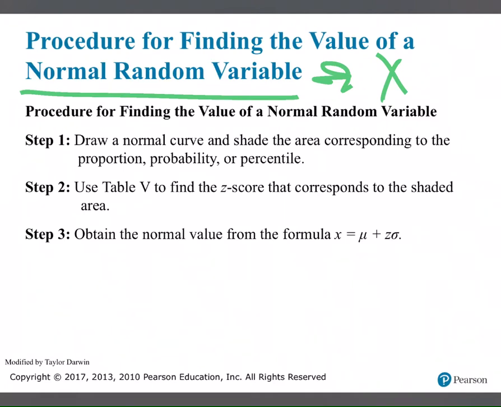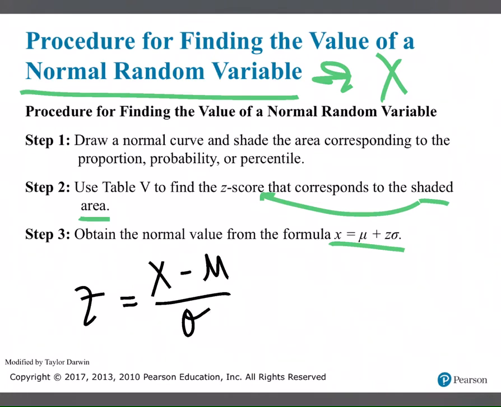We're going to be given an area, and we want to find the z-score that goes with it. So we're normally used to finding a z-score and the area that goes with it, but now we're going to be given an area, so starting from the inside and finding the z-score that goes with it. And then we're going to use this formula. This formula is given to you, and it's derived from the z-score formula.